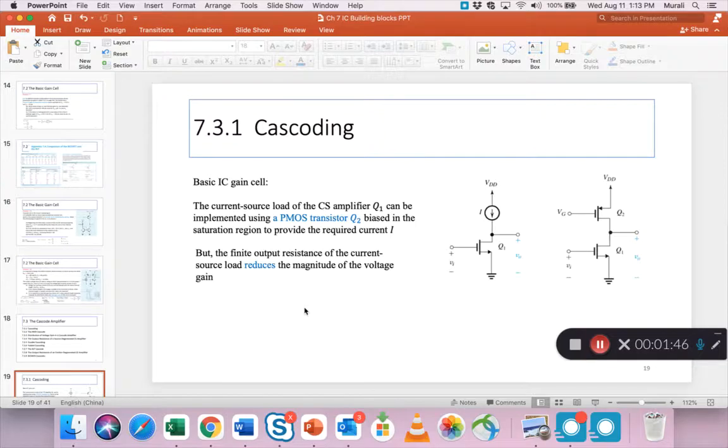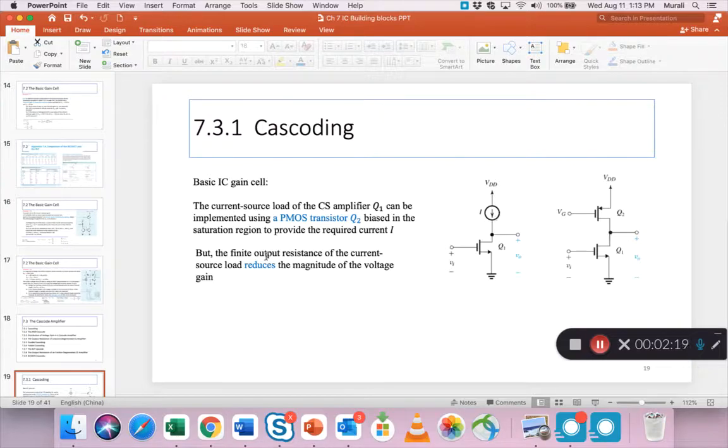Now this slide is just a summary of the basic IC gain cell. You have a MOS transistor, NMOS, whose drain, instead of having a resistor to help with the biasing and to pick off the output voltage, now has a current source.